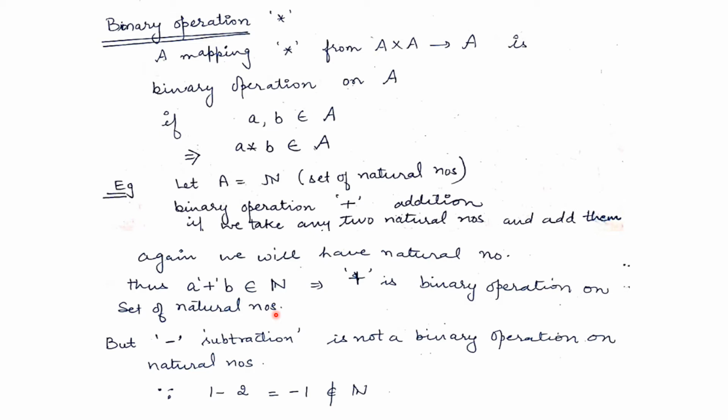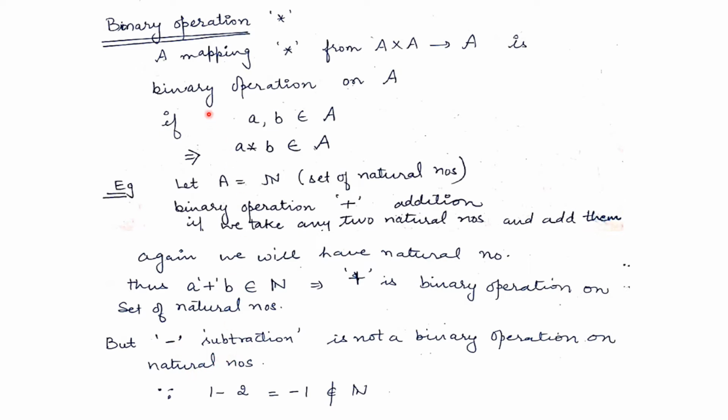However, subtraction is not a binary operation on the natural numbers. Now why? If we take two natural numbers, let's suppose 1 and 2, and subtract them, we get -1, but -1 is not a natural number, right? So subtraction is not a binary operation on the set of natural numbers.